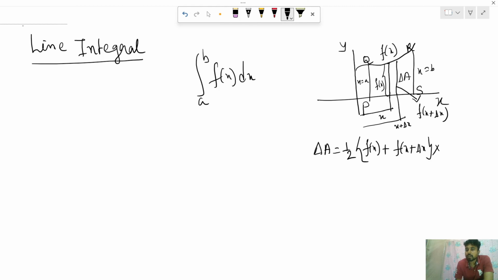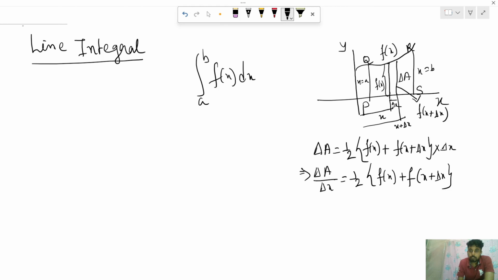The distance between these parallel lines here is delta x. So delta A is half of delta x times f(x) plus f(x plus delta x).